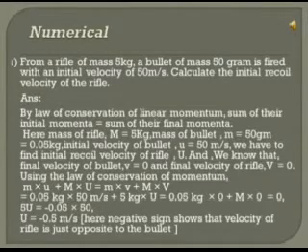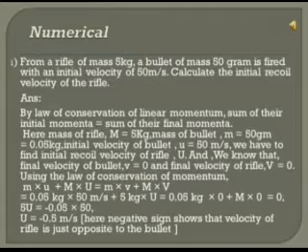And also we know that their final velocities will be equal to 0. The final velocity of the bullet, small v, is equal to 0, and the final velocity of the rifle, capital V, also will be equal to 0.